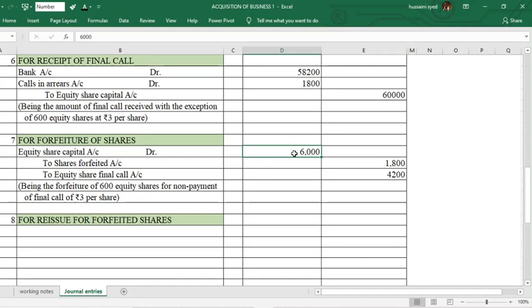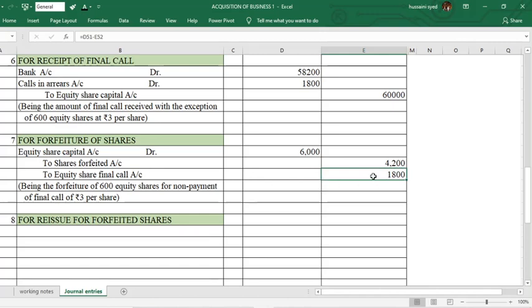This is the total value of the shares forfeited. From this, how much have the shareholders paid? The shareholders have paid 4,200.